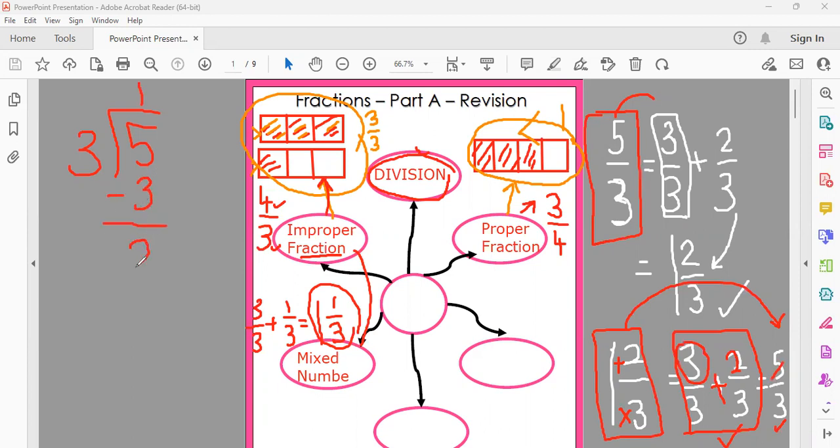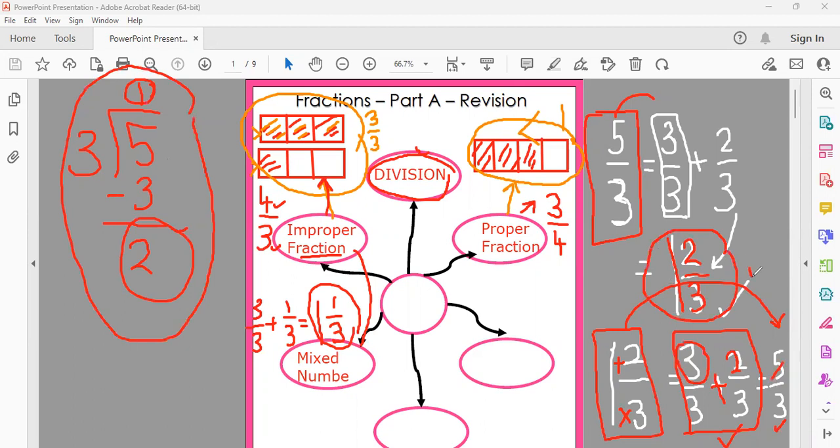3 goes in once, remaining 2. If you notice, this 1 means the 1 whole. The remaining 2 means I have 2 more that cannot be divided by 3. So that's how you do a normal long division to turn it into a mixed number. Either you can separate it this way based on your understanding, counting how many wholes, or do a normal long division.